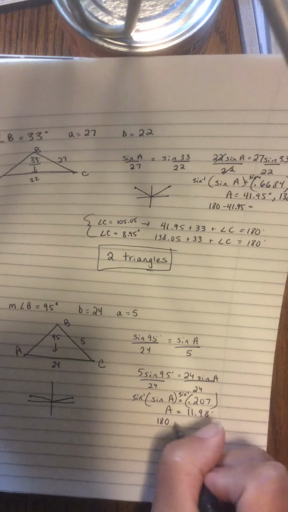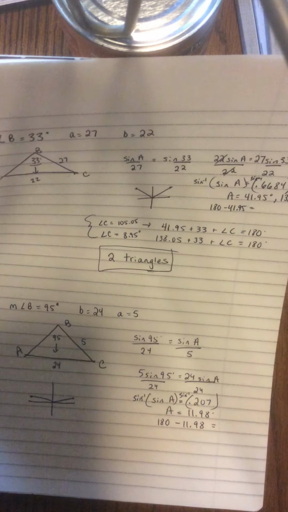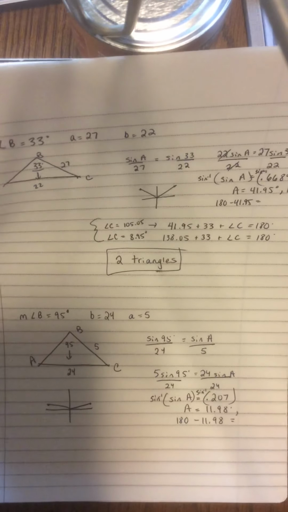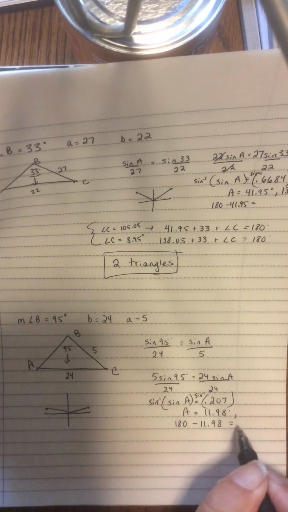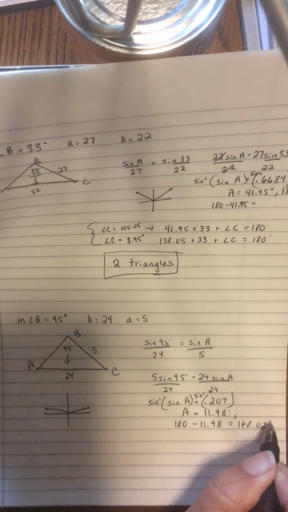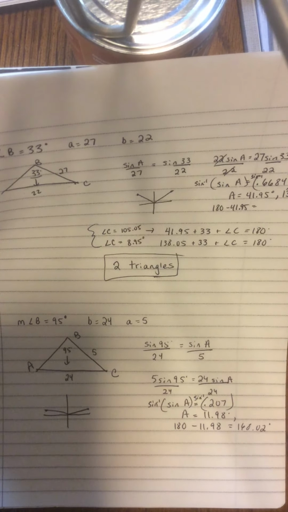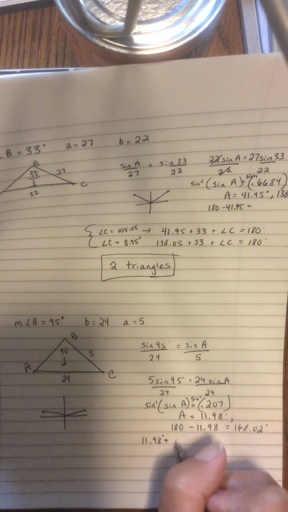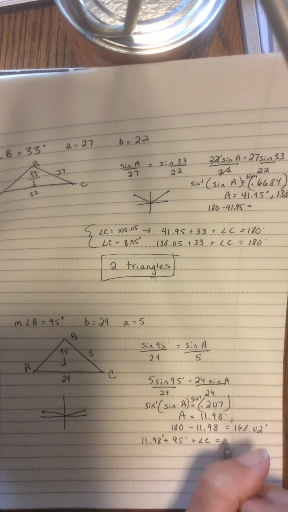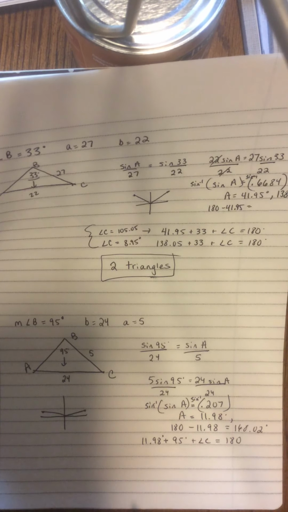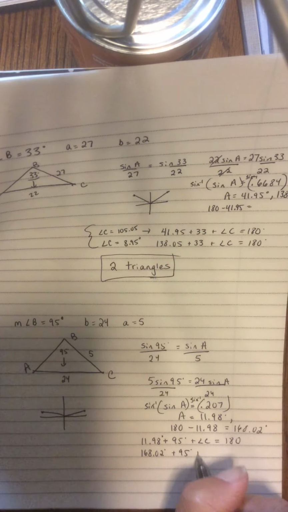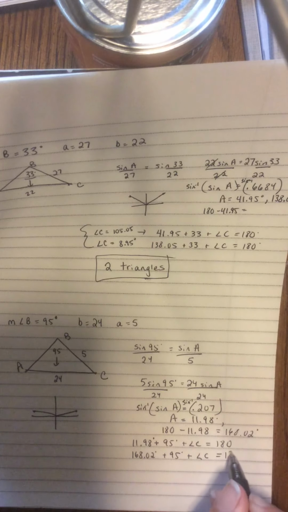So you do 180 minus 11.98. So it could be 11.98 or, sorry, 168.02. We know angle B is 95 degrees, correct? So if we did 11.98 degrees plus 95 degrees plus angle C, it has to equal 180. And if we do the other one, 168.02 degrees plus 95 degrees plus angle C has to equal 180.